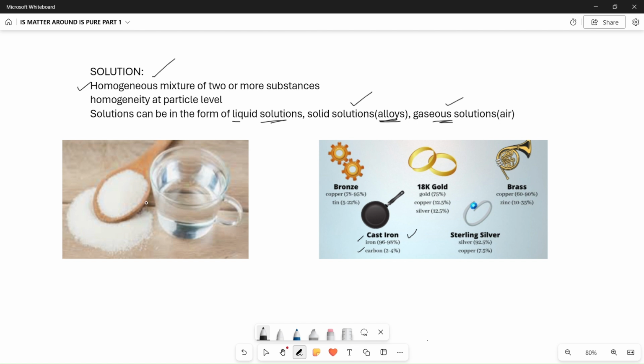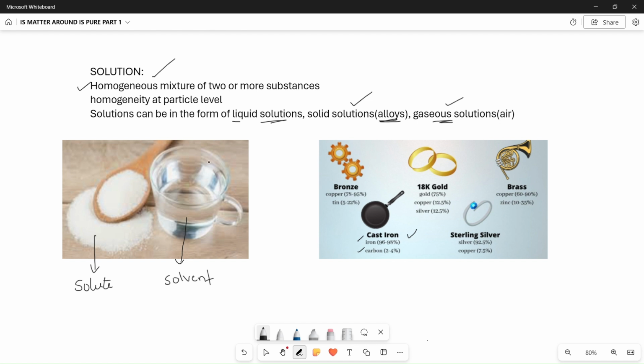We have to focus on liquid solutions. The best example: if you take 1 spoon of sugar and add it to 1 glass of water, the sugar is called the solute, and the water in which you are adding it is called the solvent.